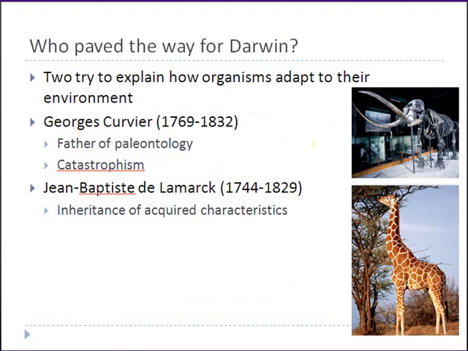Now, there were a couple of predecessors to Darwin who helped him develop his ideas, and I'm going to only discuss two of them. There were a number of them, but the two I'm going to focus on are Georges Cuvier, a geologist from 1769 to the early 1830s, who is considered the father of paleontology.